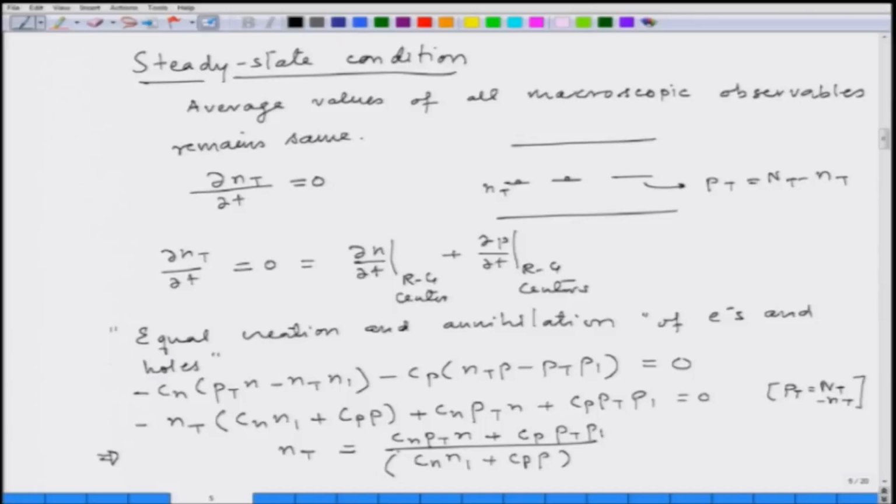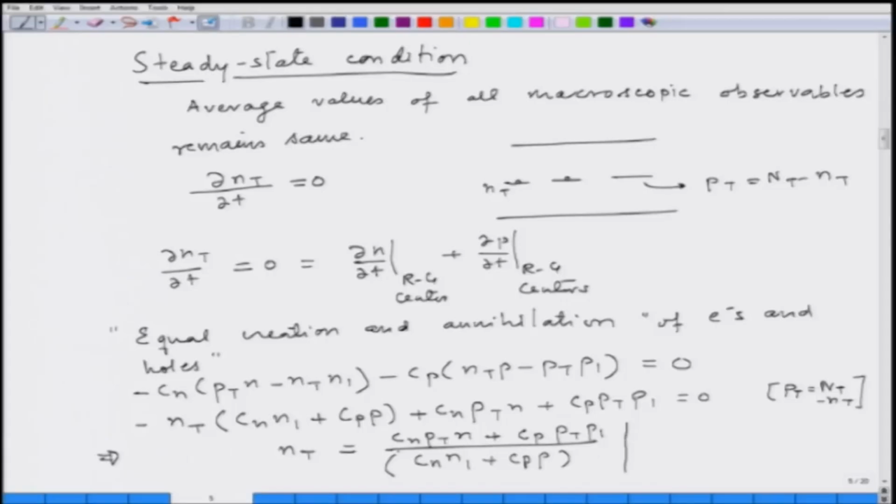Now, this expression is the total number of trap levels in a steady state which are occupied by electrons. This is the expression for that.